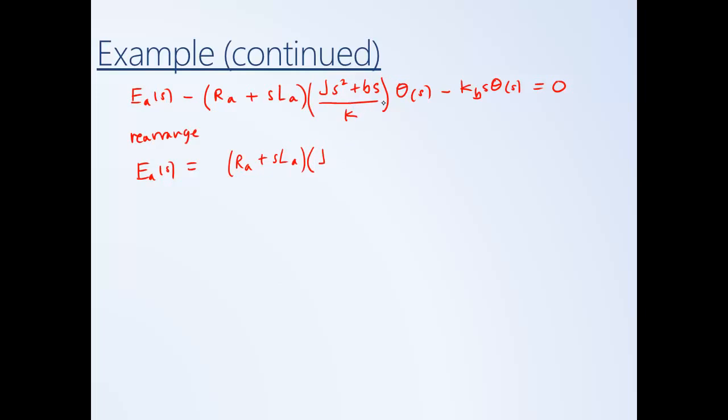I'll go ahead and factor out one of those S's. So I factor out one S, the S squared becomes S. I also add this term to the right hand side. That becomes positive KB times S. And I factor theta of S away from the whole thing.